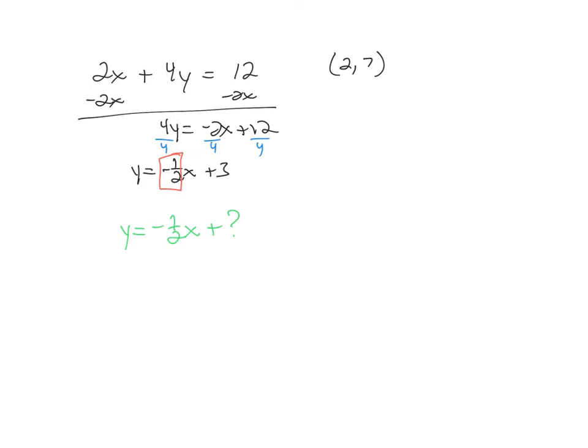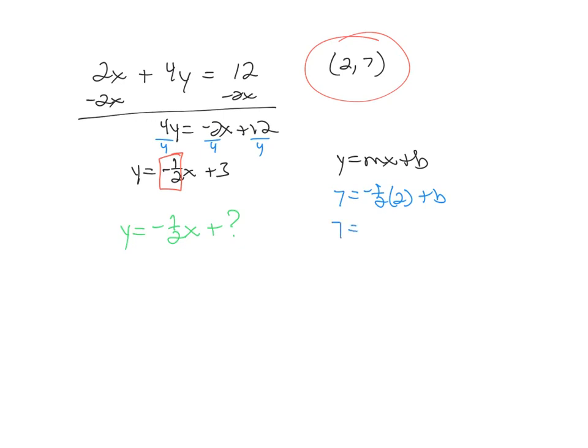So now I plug in my point and the slope into y equals mx plus b. So the y part of my point is 7. The m is negative 1/2. The x is 2, and b. So always these first 3 things you'll plug in, and then b you want to solve for.